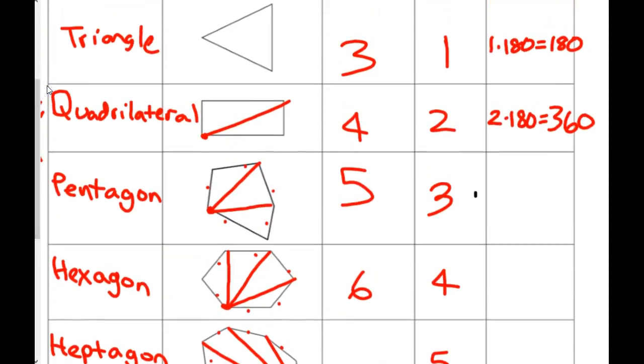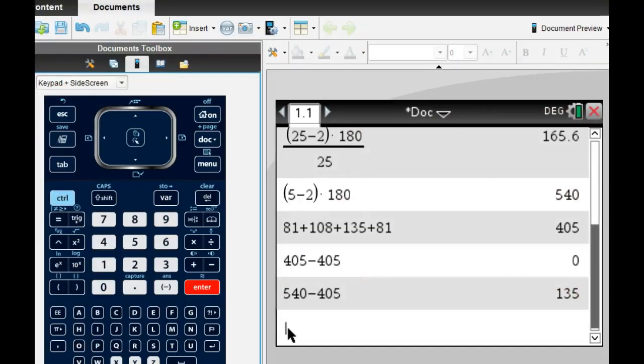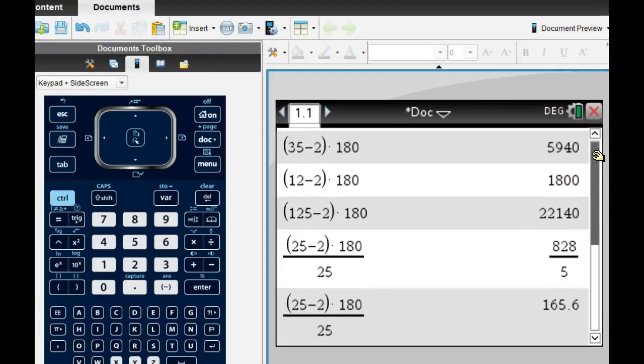So what do I write here? 3 triangles times 180 is what? 540? So again, hexagon, 4 triangles times 180 is what? 720. And again, all this stuff you can get on your calculator.